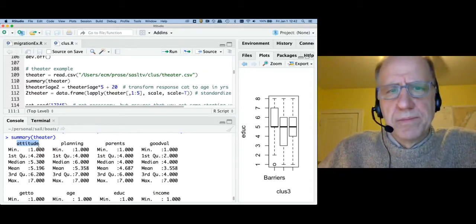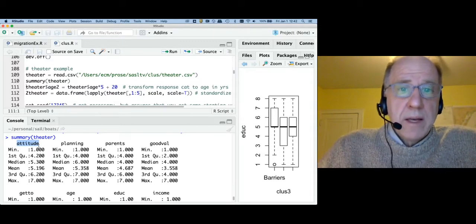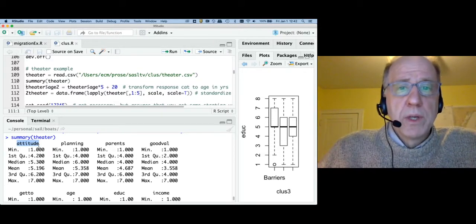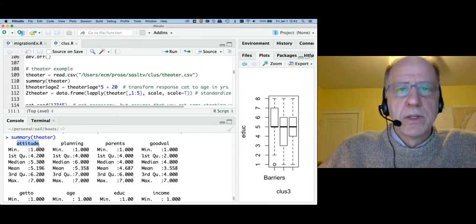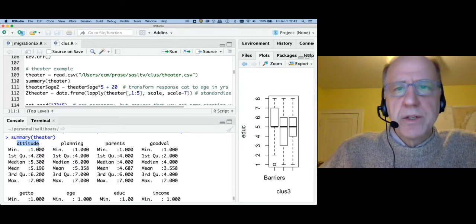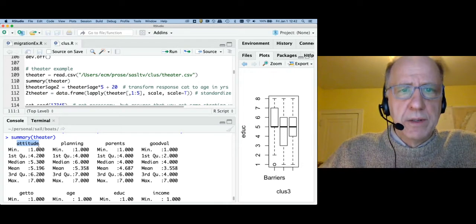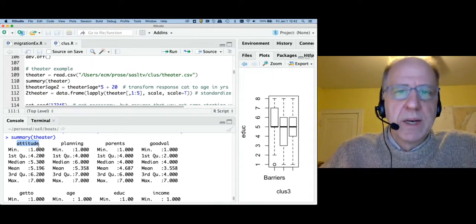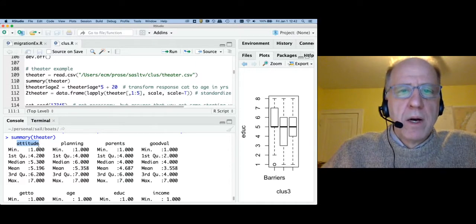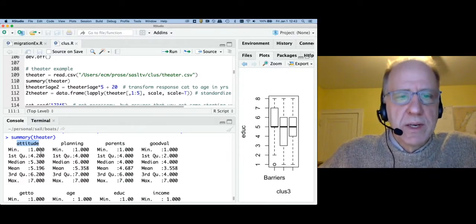It turns out that if you don't do that, and instead you include the 10 raw variables like fun versus not fun, stimulating versus boring in the cluster analysis, you count attitude 10 times. So those dimensions that are highly correlated with each other are implicitly weighted up if you were to include them 10 times. So it's better to form a new variable, which is this overall scale, and use that instead.